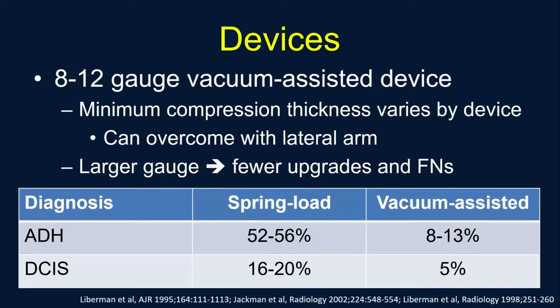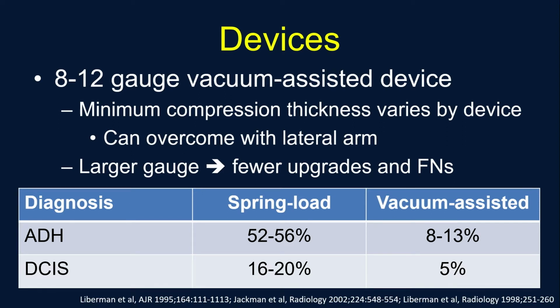The devices, most of us these days are using vacuum-assisted devices, although these procedures can be done with a spring-loaded device. The gauge is somewhere these days between 8 and 12 gauge for the needle size. And generally, as we've talked about with these vacuum devices, in order for them to function, the bowl of the vacuum has to be underneath the skin surface. So if you have a very small breast, you may end up having to use an upright add-on system because that system comes with this lateral arm, so you can do any breast compression thickness using that lateral arm.